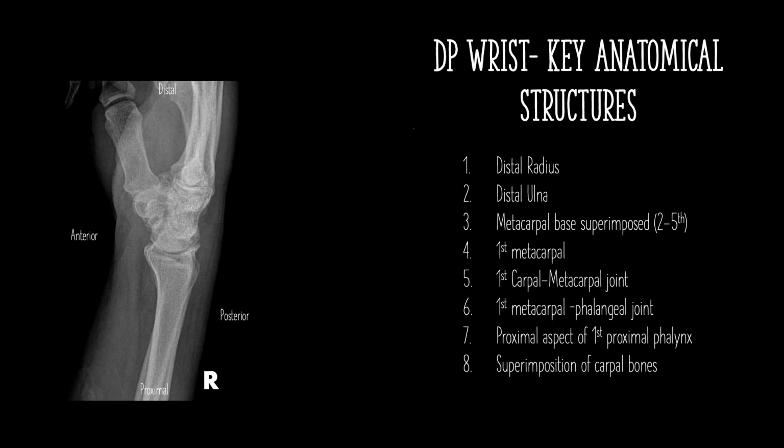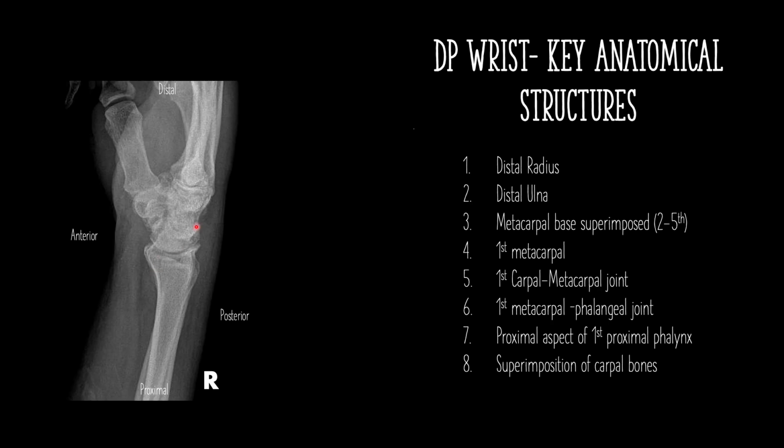Our key anatomical structures then on a lateral wrist, it's important to note that we have our distal radius here. The distal radius will be bigger at the distal aspect and smaller at the proximal aspect, whereas our ulna will be smaller at the distal aspect and bigger at the proximal aspect. So we've got the ulna just here at the back.